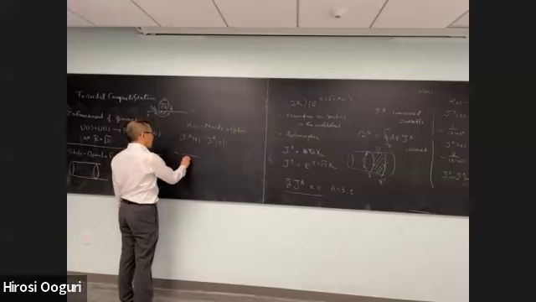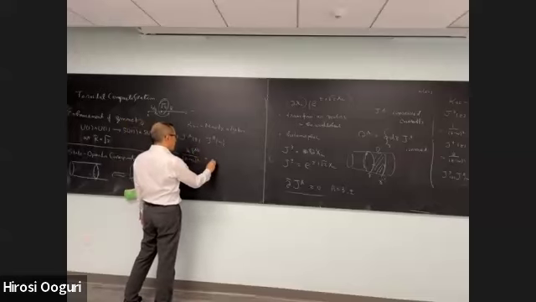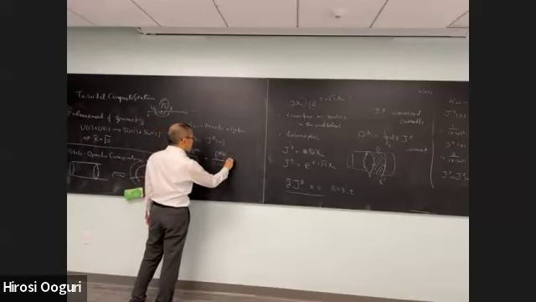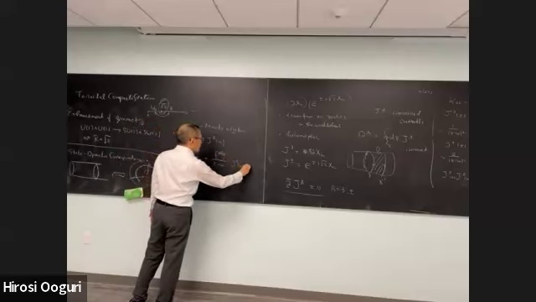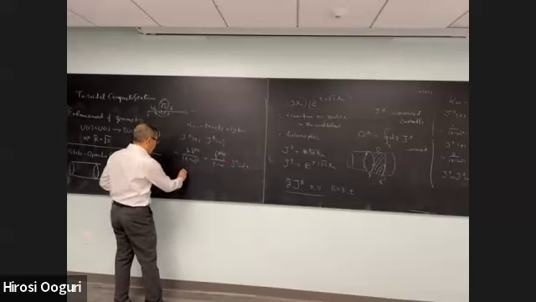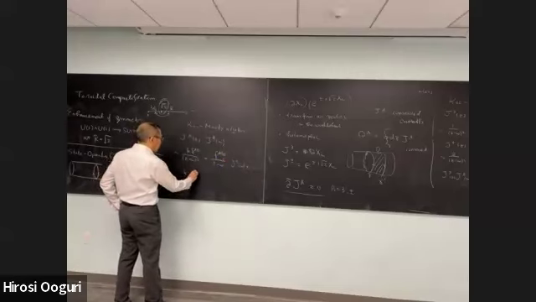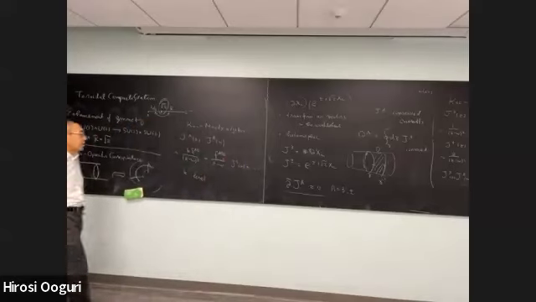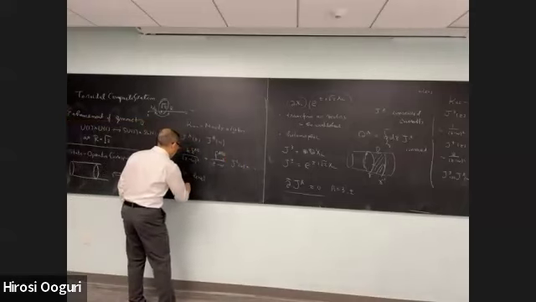And the structure of the algebra is of this form, where k is a number called the level of the Kac-Moody algebra, which is typically an integer, and delta^AB is the Killing form.